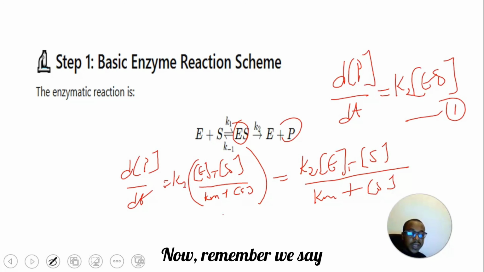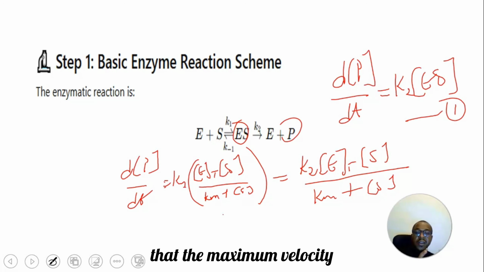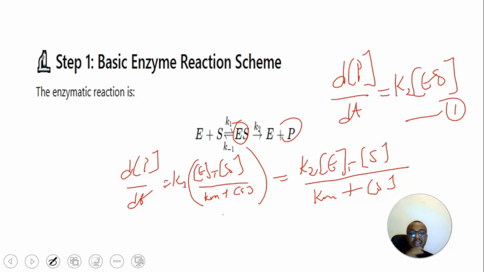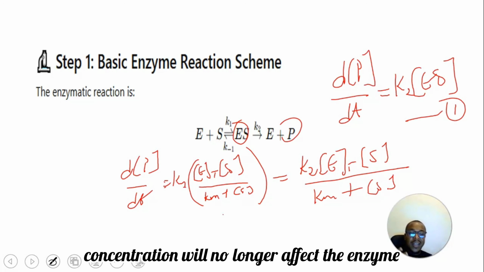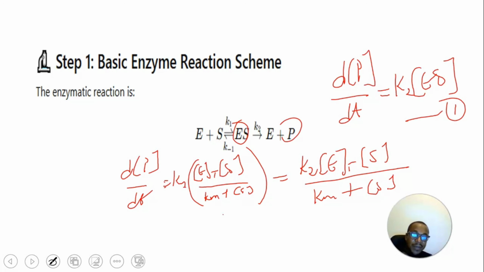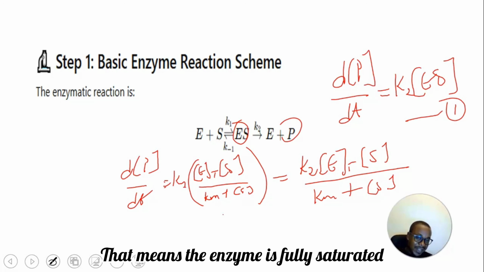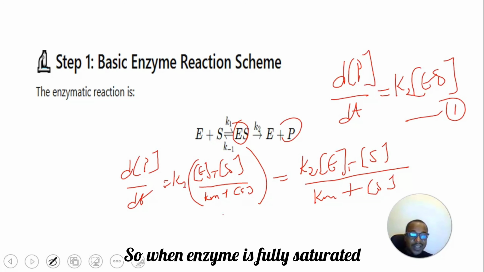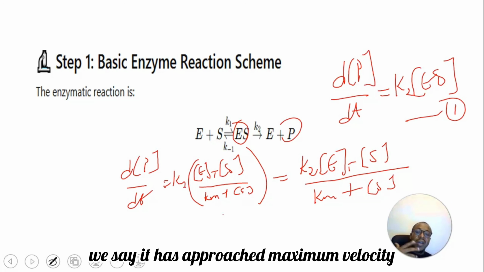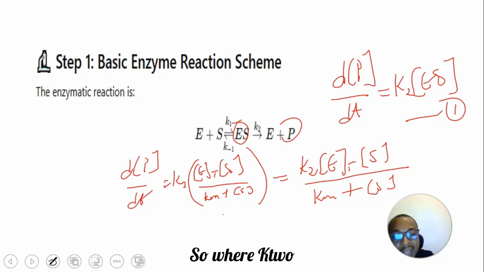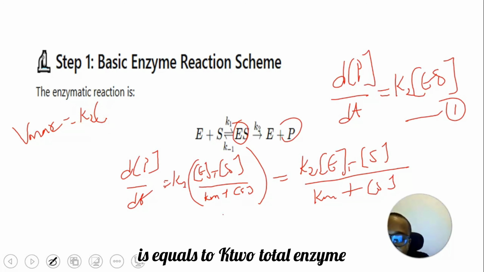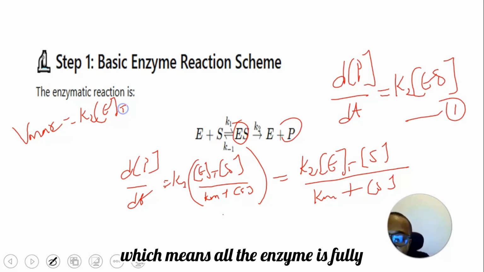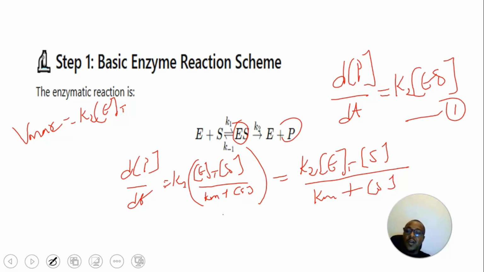Now remember we say that the maximum velocity is the point at which an increase in substrate concentration will no longer affect the enzyme activity. That means the enzyme is fully saturated. So when the enzyme is fully saturated, we say it has approached maximum velocity. So Vmax is equal to K2 times total enzyme, which means all the enzyme is fully occupied.